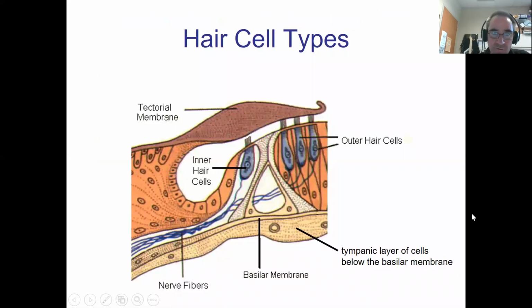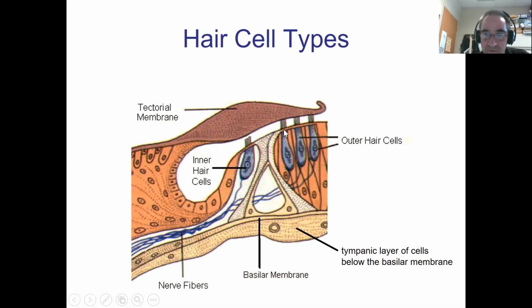All right, so if we zoom in here, we can see that what's sitting on top of the basilar membrane, so that's this thing down at the bottom, are a bunch of different cell types, and some of them we're not going to worry about. Some of those just make up the structure. So if on some of the slides it's labeling Hensen cells and Deiters cells, don't worry about that. We're just going to talk about the hair cells.